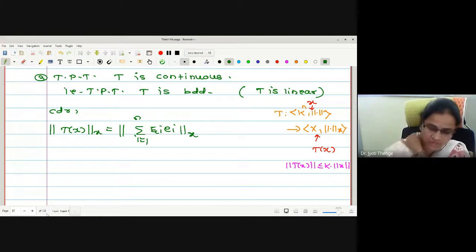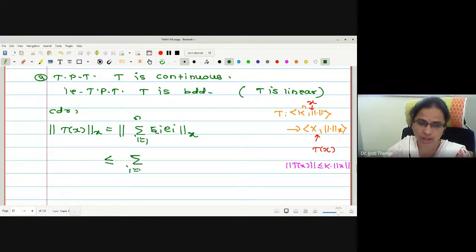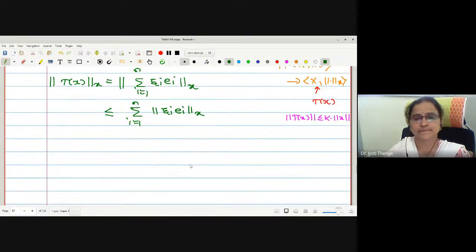Therefore, may I write this as less than or equal by the triangular inequality property? Yes, ma'am. This is less than or equal to summation i equals 1 to n of norm x of zeta i e i, by the triangular inequality of norm x.